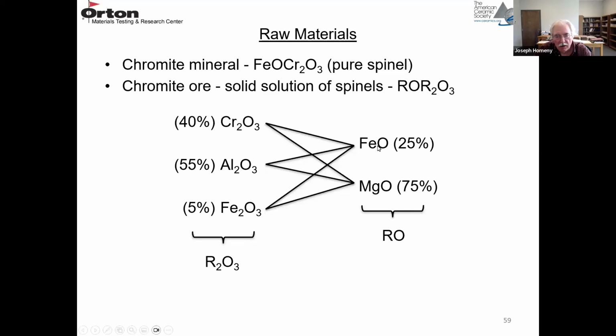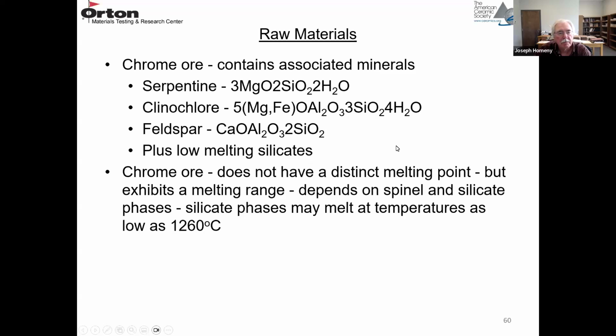So if we look at FeO, we can have an FeO Cr2O3 spinel, an FeO Al2O3 spinel, and then an FeO Fe2O3 spinel. And for MgO, we have the MgO Cr2O3 spinel, the MgO Al2O3 spinel, and finally the MgO Fe2O3 spinel. So chrome ore is a solid solution of 6 different spinels.